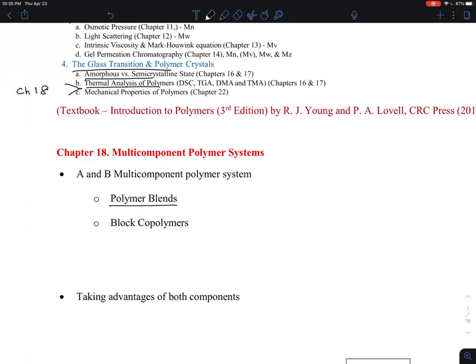A polymer blend is typically written as an A over B blend. For example, if I draw this, this is a polystyrene blended with methyl methacrylate.